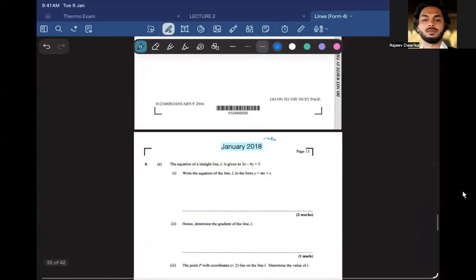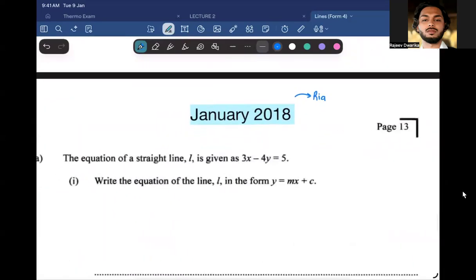Ria, read the question. The equation of a straight line L is given as 3x minus 4y equals 5. Write the equation of the line L in the form y equals mx plus c. So Ria, what am I going to do here?